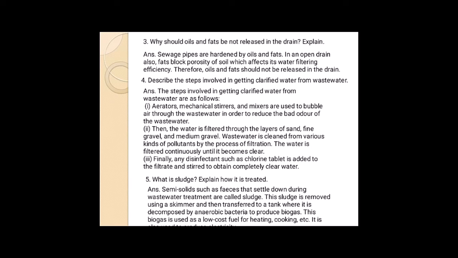Biogas is the best alternative for LPG, petroleum gas. As we know, our resources are moving towards depletion, so biogas is one of the best alternatives to save our resources. It can be used as a low-cost fuel for heating, cooking, etc.